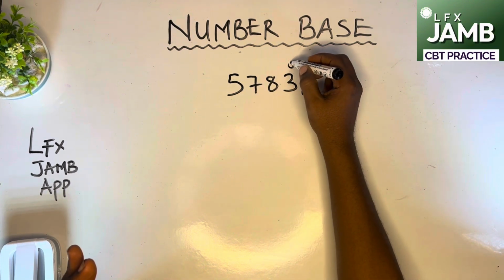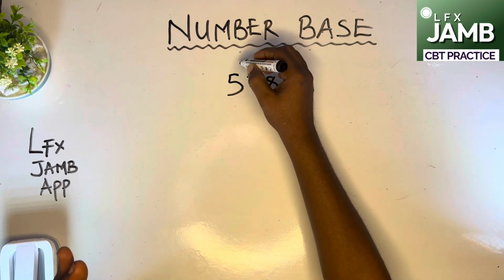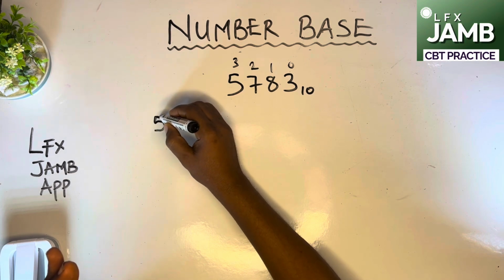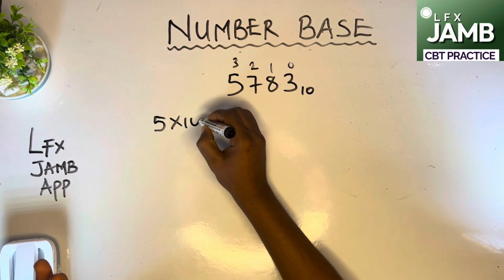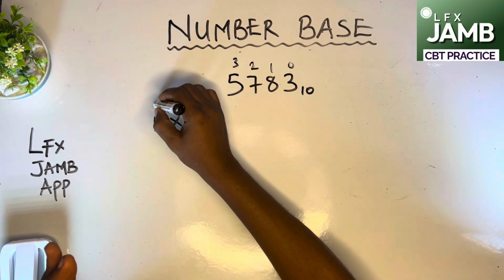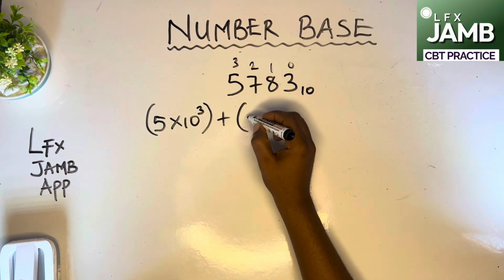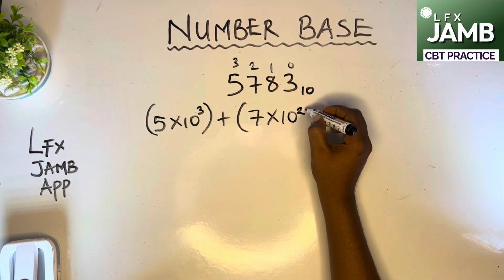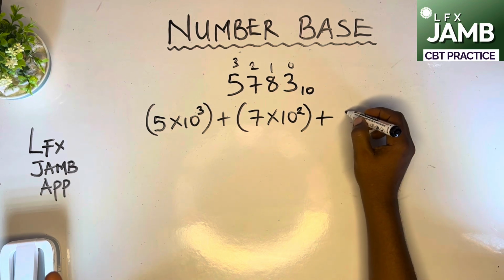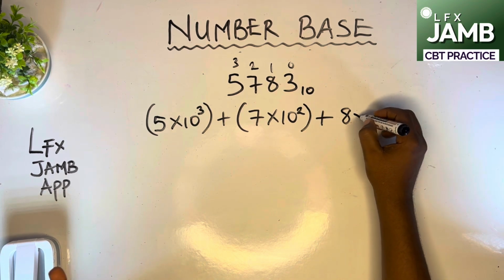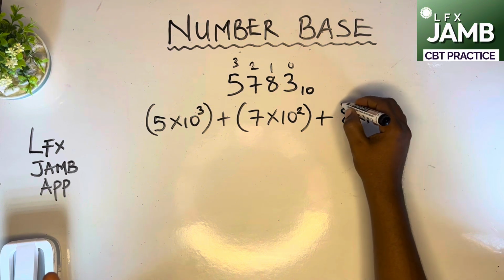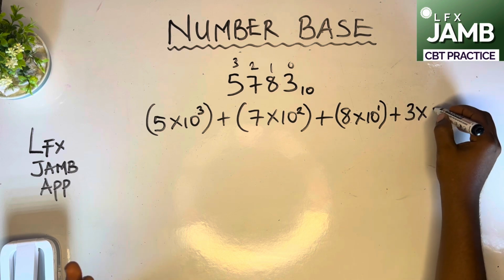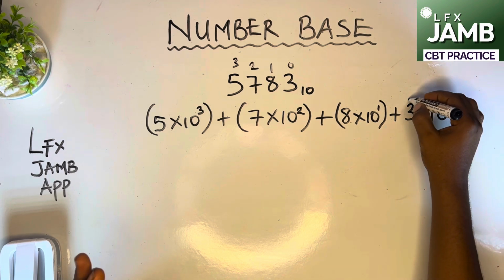If we want to represent this number in base 10, we just put the powers 0, 1, 2, and 3. So we just say 5 times 10 raised to the power of 3, plus 7 times 10 raised to the power of 2, plus 8 times 10 raised to the power of 1, plus 3 times 10 raised to the power of 0.